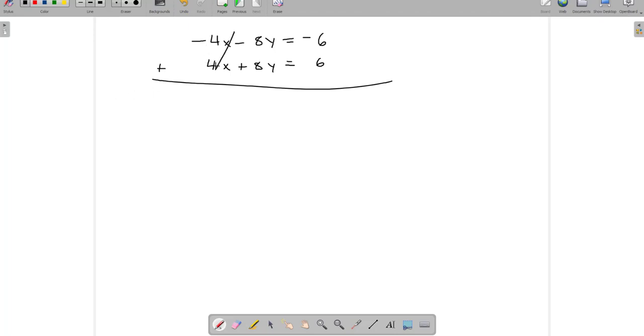Negative 4x and 4x cancel out, negative 8y and 8y cancel out, negative 6 and 6 cancel out. So I end up with 0 equals 0. And so this is always true. So there are infinitely many solutions.